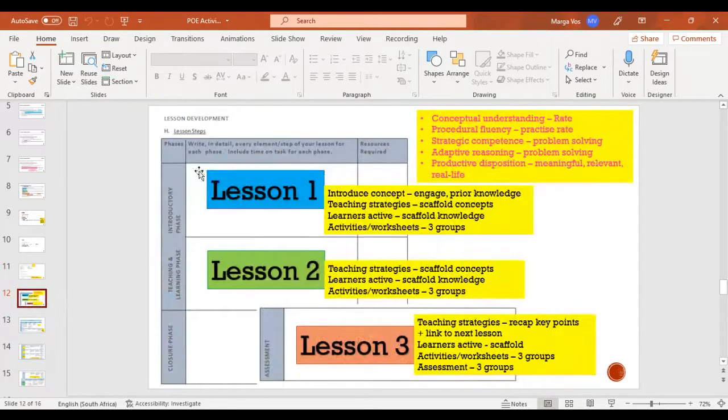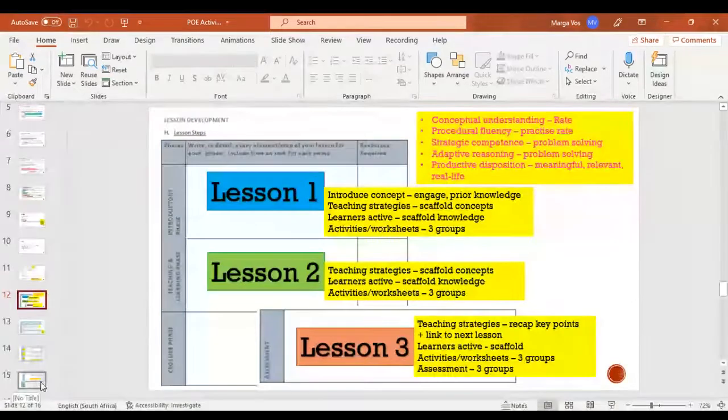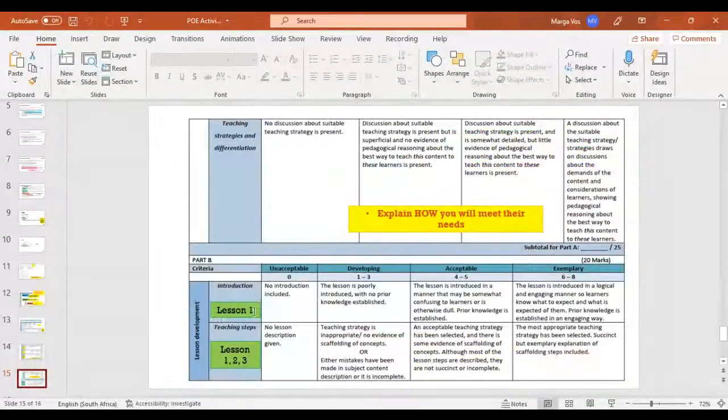So when we get to the lesson steps in the introductory phase, the teaching and learning phase, the closure phase and assessment, this is going to be much longer. So this introductory phase is going to go over 1 page, even 2 pages, because you need to describe the whole lesson there in your introductory phase.